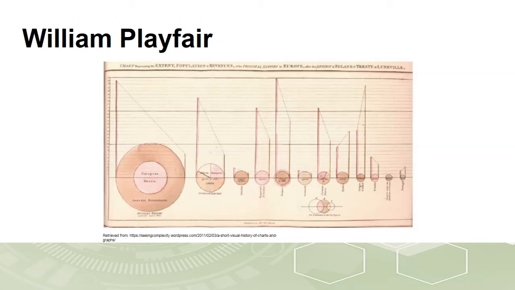The whole idea, however, of graphical representations and visuals is not new. Back since the mid 1700s, a gentleman by the name of William Playfair is first credited with inventing the modern chart.